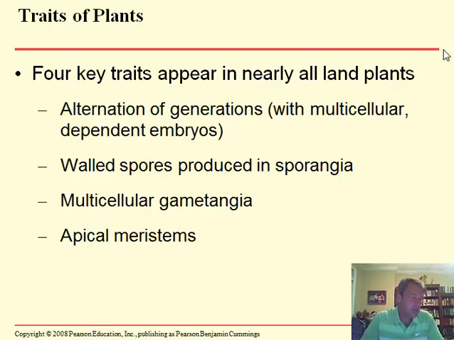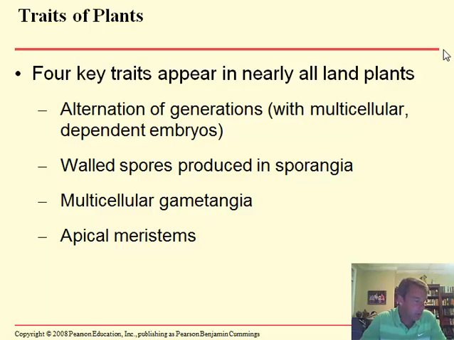Alternation of generation is where the plant will alternate basically between two haploid and diploid generations. And so in this, it will have a haploid plant called the gametophyte, and then through mitosis it will produce cells that will develop into diploid cells that will be the sporophyte.